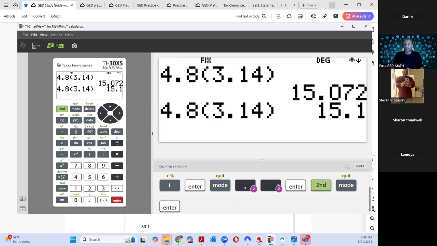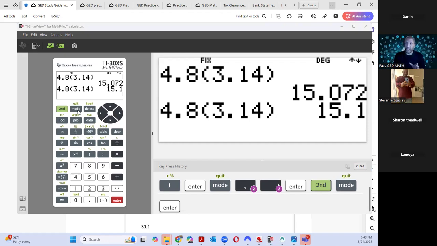So, you said you did the 4.8. You put the 3.14 in parentheses, and then you got 15.072, or 15 and 72 thousandths. But remember, the problem said round off to the nearest tenth.